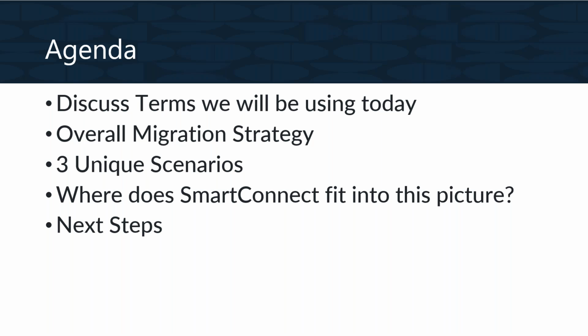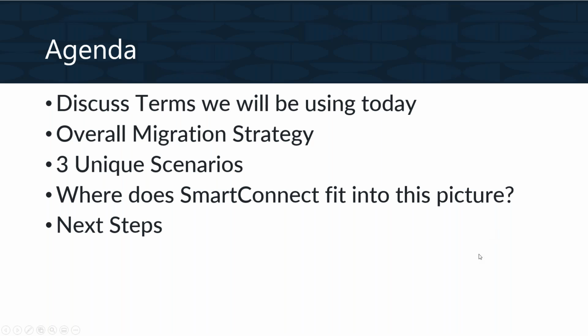We're going to talk about an overall migration strategy that we have at E1. And again, whatever route you choose to go, we want to go on that journey with you. And then I'm going to specifically talk about 3 unique scenarios, and we'll do some demonstration during that part. I want you to get some ideas, maybe get the wheels turning on different ways that you can approach this issue that a lot of us have as we're doing that migration.